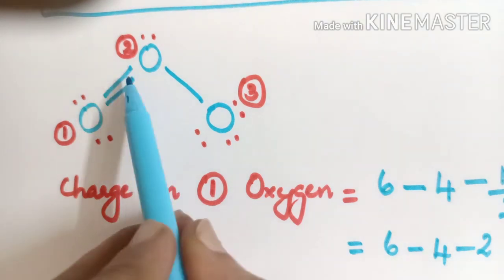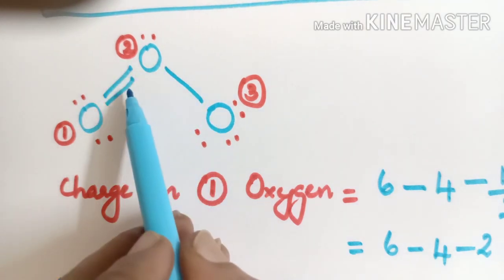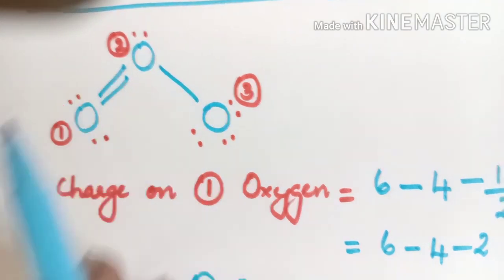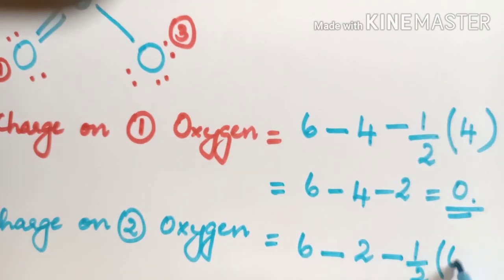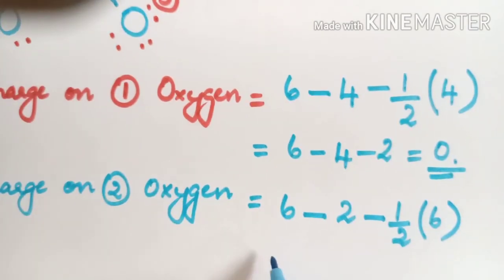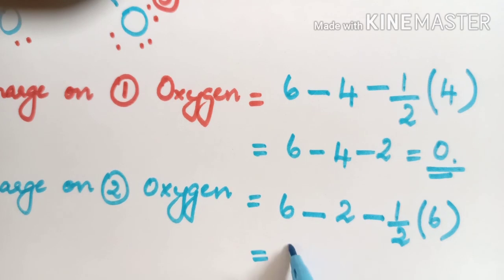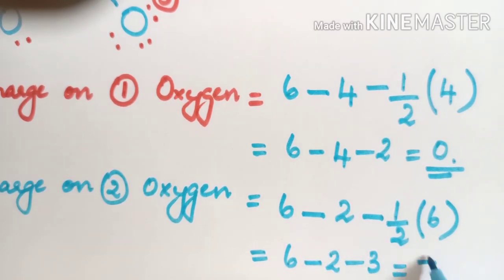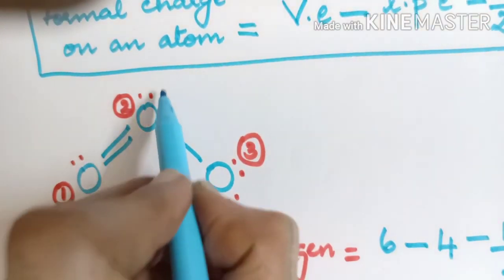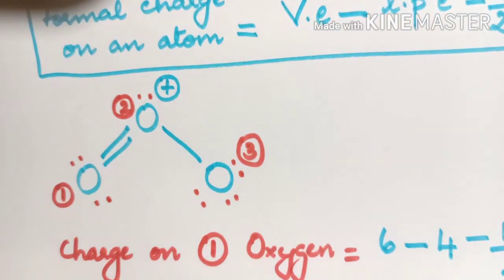Here we have 1, 2, 3. 3 bond pairs means a total of 6 electrons, so half of 6. What will be the net charge? It will be 6 minus 2 minus 3, which is equal to plus 1. So the second oxygen will carry a positive charge.